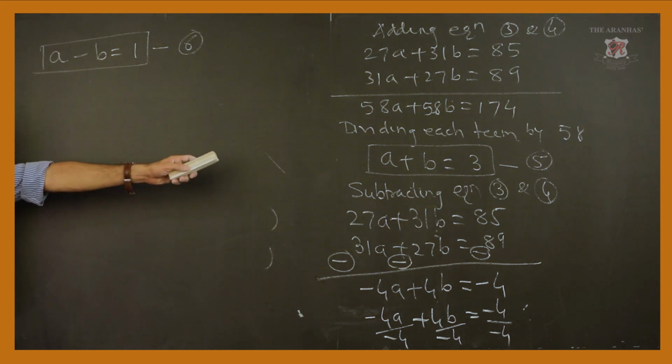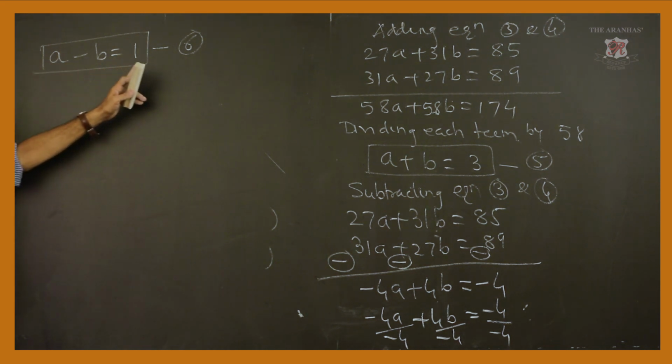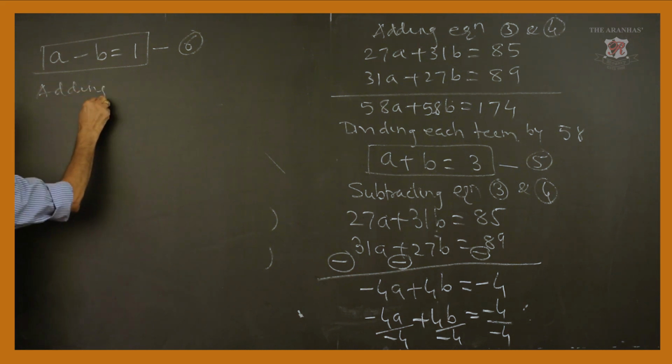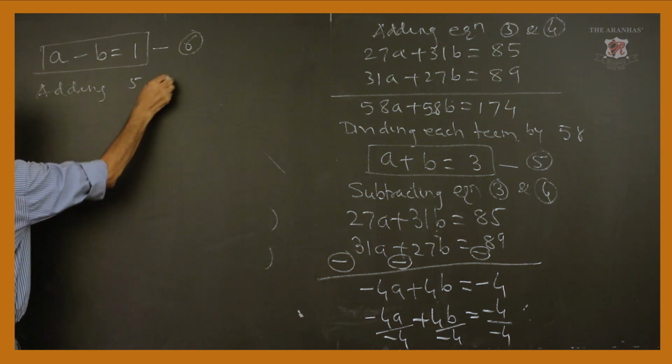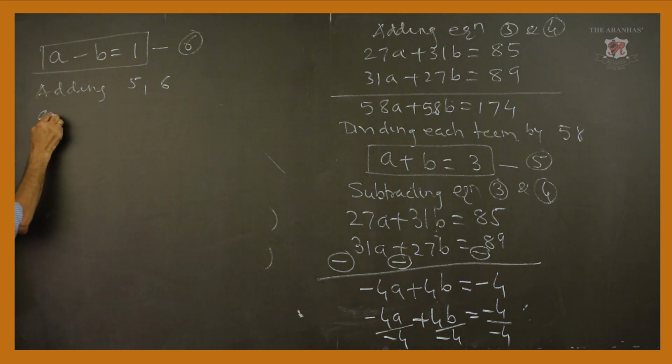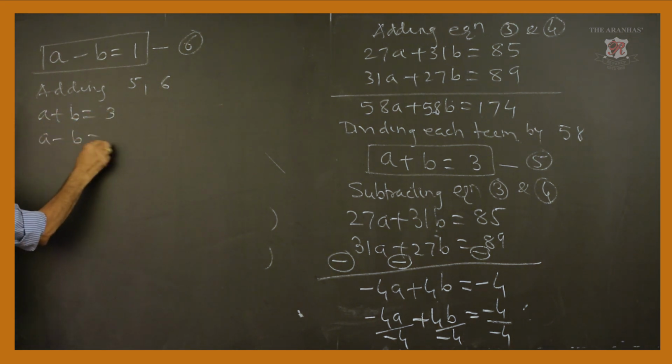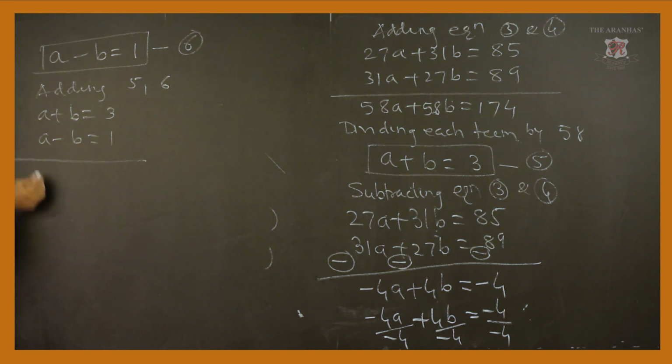So a plus b is 3 and a minus b is 1. So adding 5 and 6, we get a plus b is equals to 3, a minus b is equals to 1. A plus a is 2a, b cancels. So a is equals to 2.